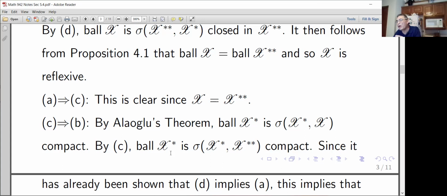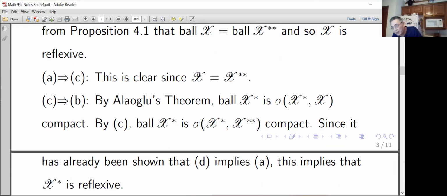Now, ball X star is weakly compact, so X star is reflexive. So we have proved C implies B. Finally, we are going to prove B implies D.